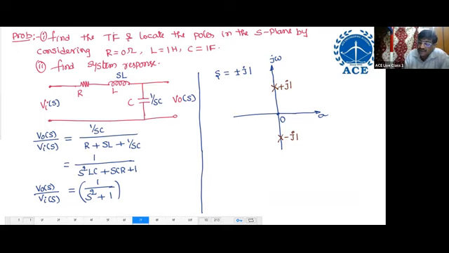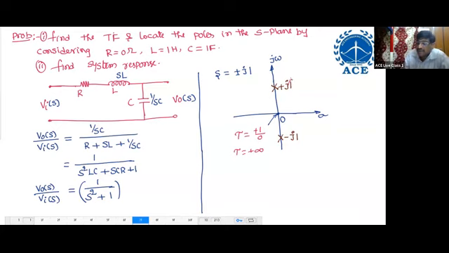So here, what is tau? Tau equal to minus 1 by the real part of the pole, which is 0. The time constant should not be negative, that's why it is infinity.